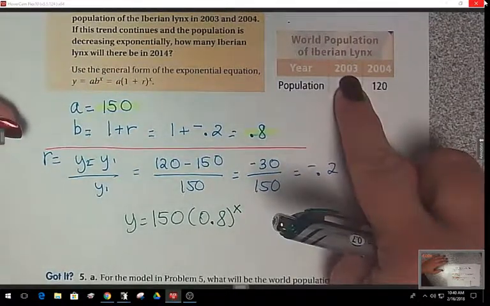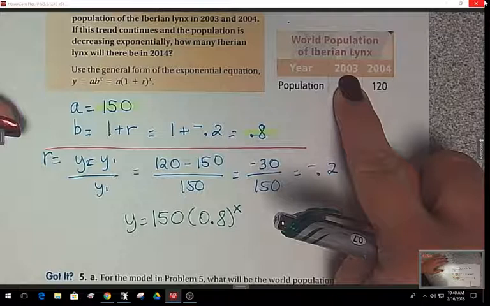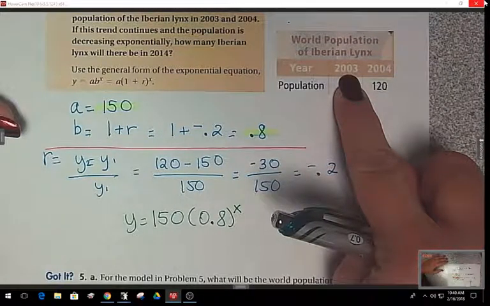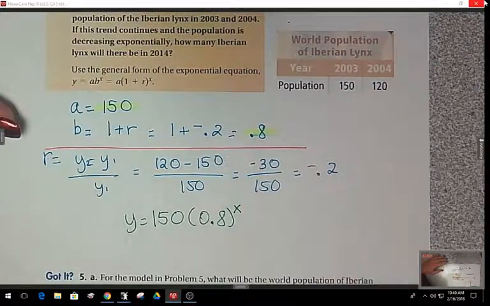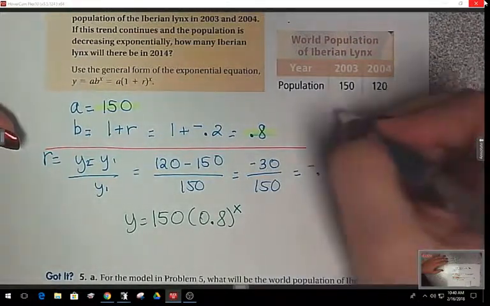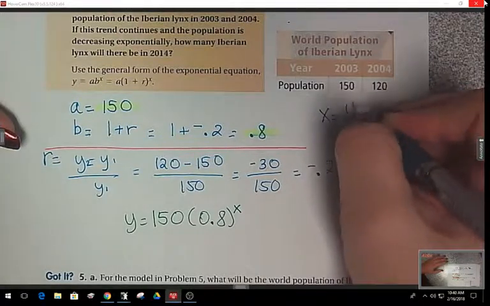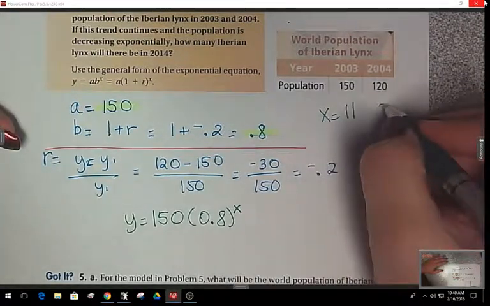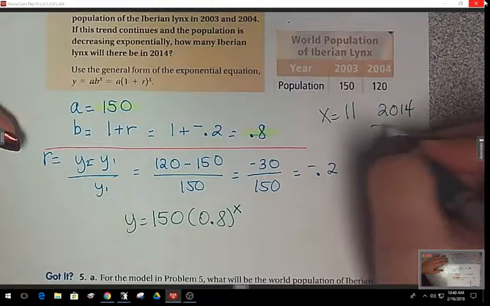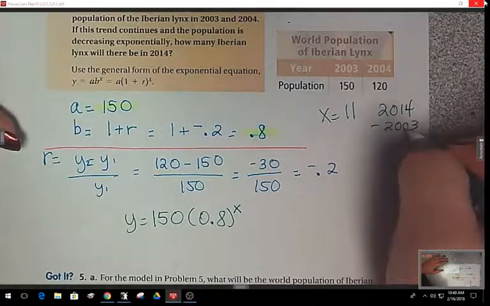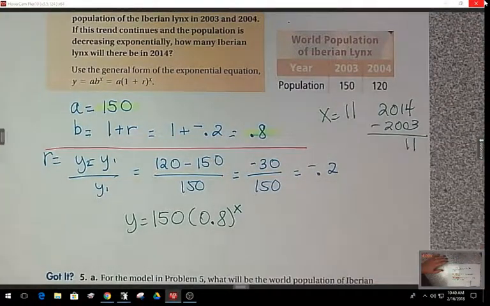Well, here's the thing. This study started in 2003. So how many years is it to 2014? 11. So my x value will be 11. Because 2014 minus 2003, that is 11 years since this study started.